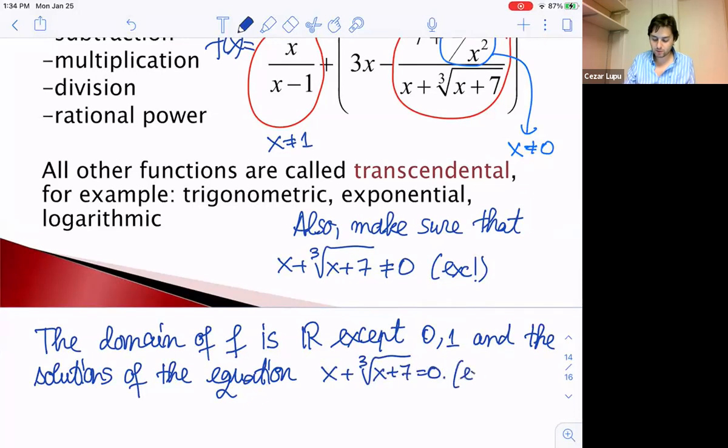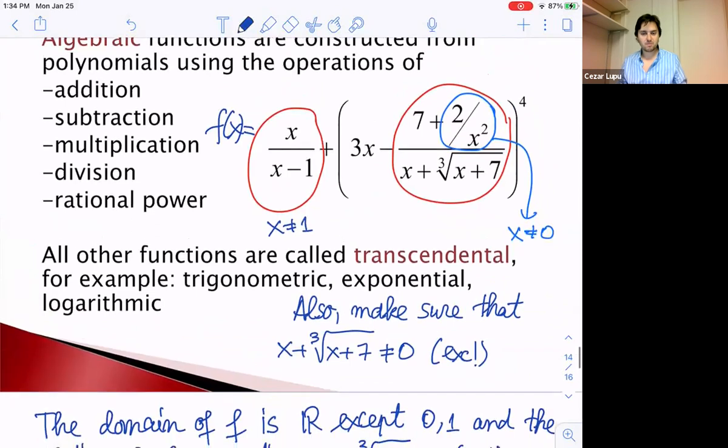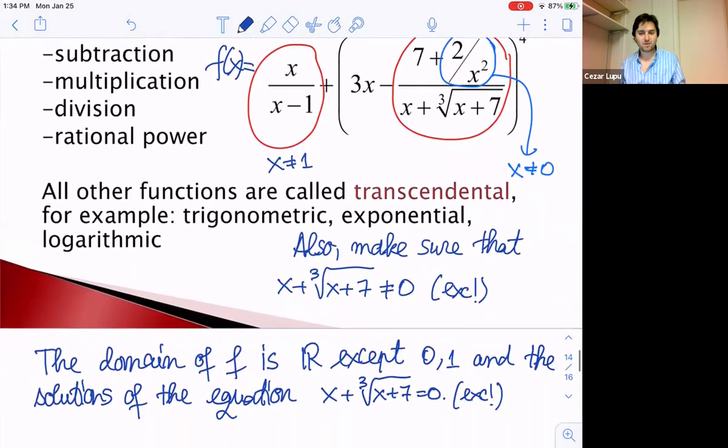And like I said, I'll leave this to you as an exercise. This is a pre-calc problem. So in a long story short, this is more or less the story with functions and graphs.